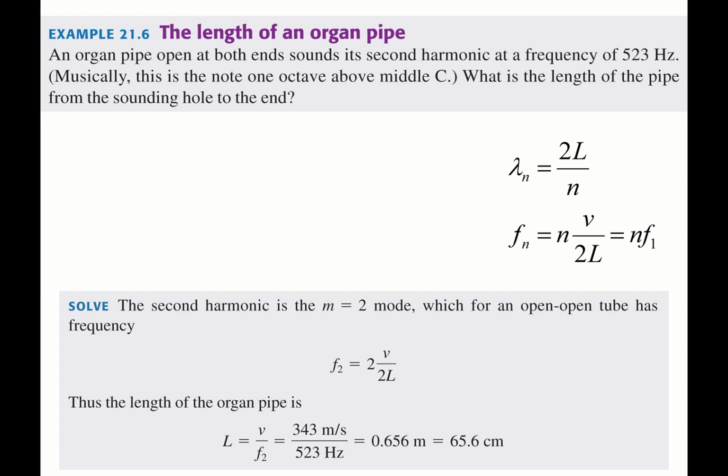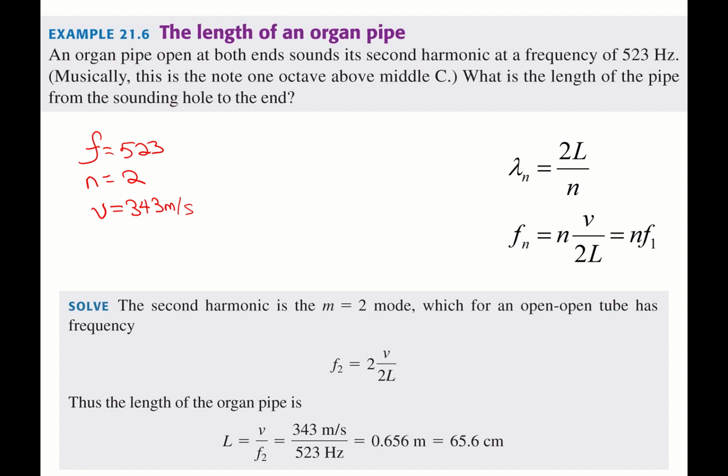So I know n equals 2, f equals 523, and the speed of sound in air is 343 meters per second, typically at 20 degrees C. So now I can rearrange my equation to give me the length.